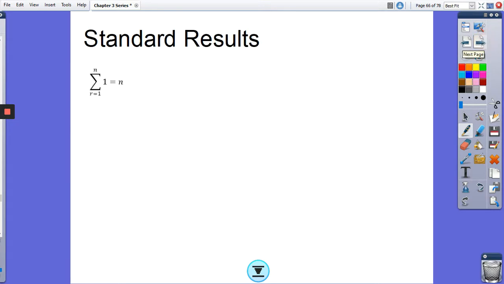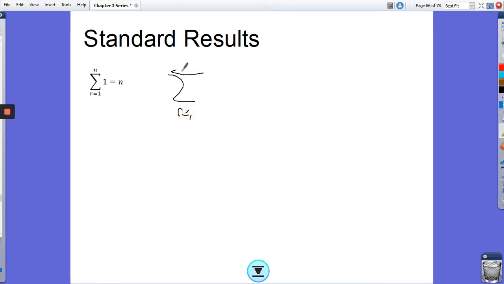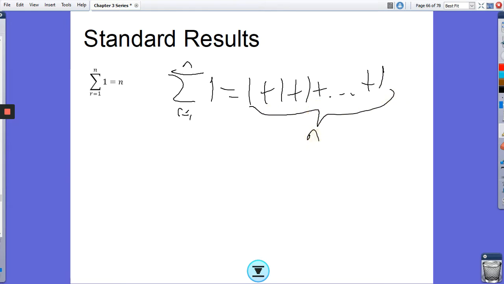The first result is that if you add up 1 n times, you get, unsurprisingly, n. Let me show you very quickly where that comes from. If you've got sigma r equals 1 to n of 1, that means 1 plus 1 plus 1 plus 1, and so on, n times.